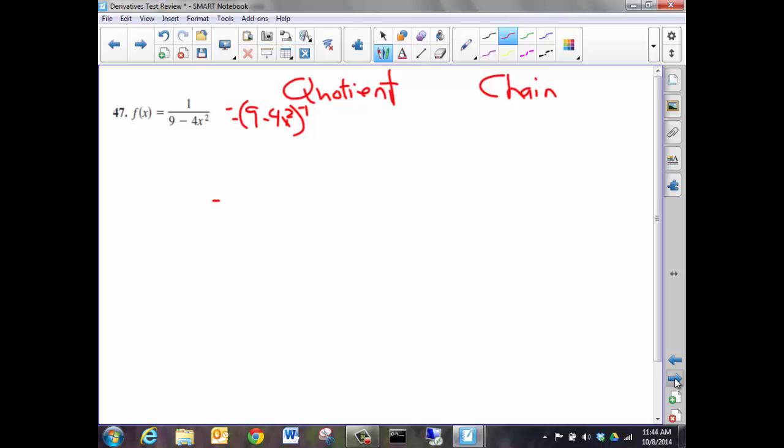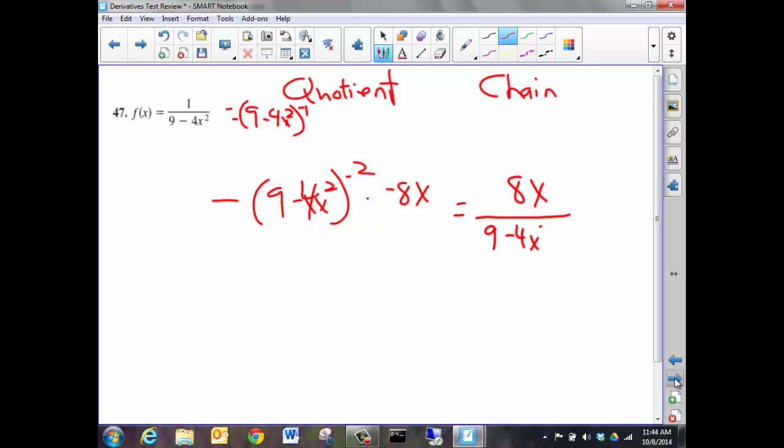If I do that, then it's negative that thing to the negative 2 times negative 8x, right? Which simplifies out to be 8x over 9 minus 4x squared quantity squared. Either way, you should wind up at that same place there, okay? If I did low D high, I should get there also.